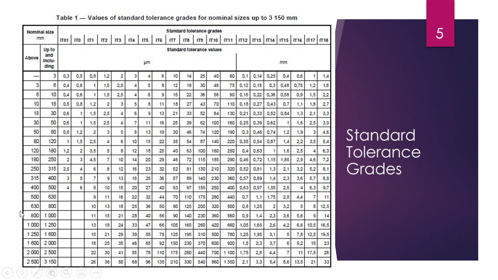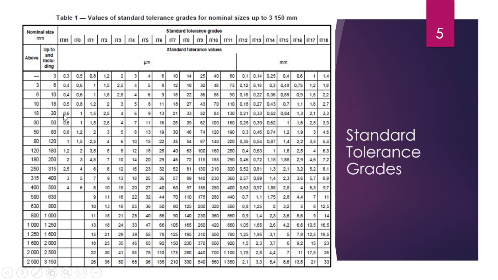Let us take an example: a 30 mm dimension. Here we have above and up to: from 18 to 30, and here from 30 to 50. We'll take this row.